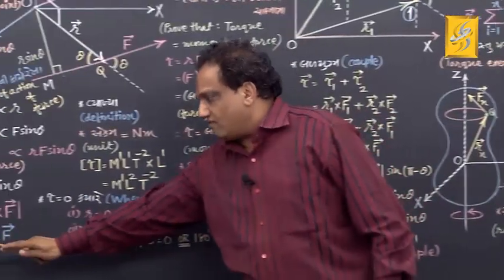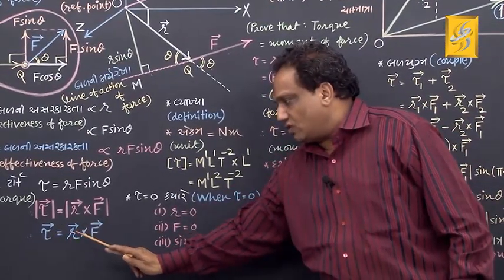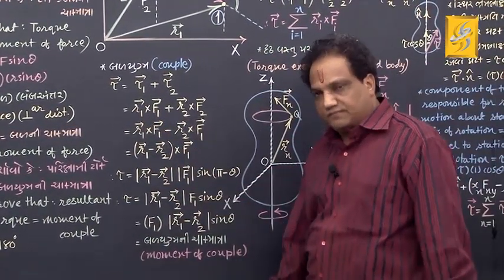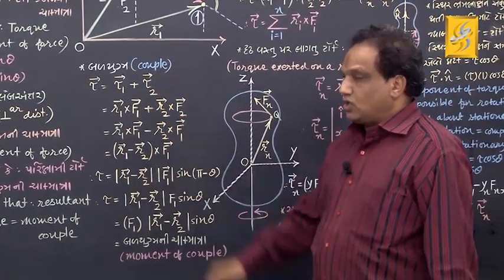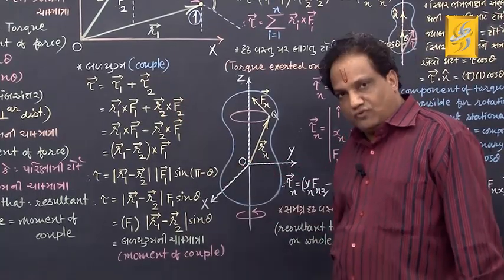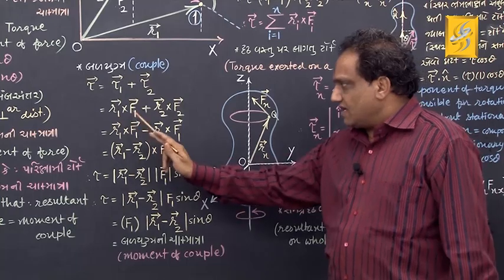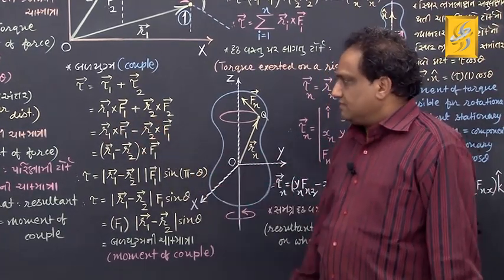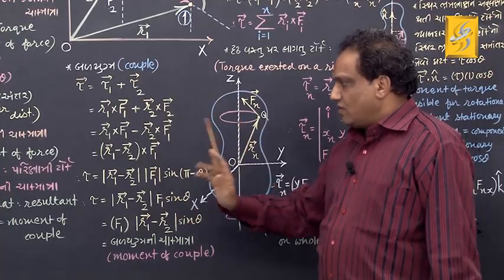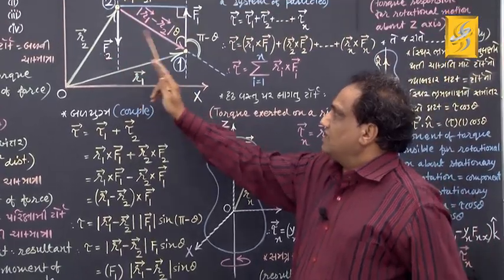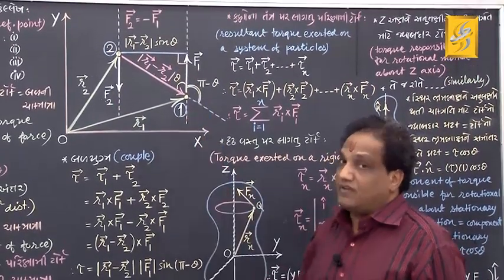It will be vector r1 cross vector F1, plus vector τ2, which is vector r2 cross vector F2. Now vector r1 cross vector F1 stays as it is, vector r2 stays as it is, but instead of vector F2 I am putting minus vector F1, because these two forces are negative vectors of each other.